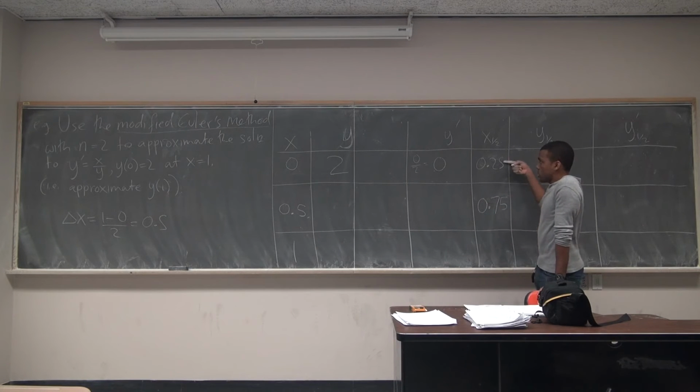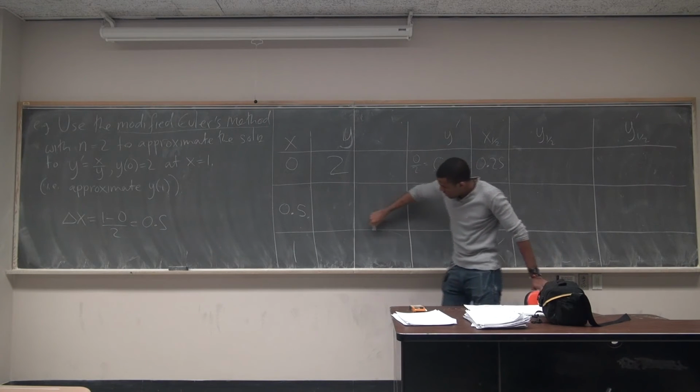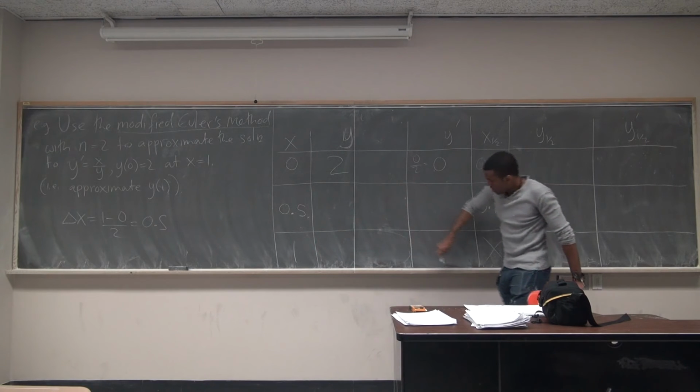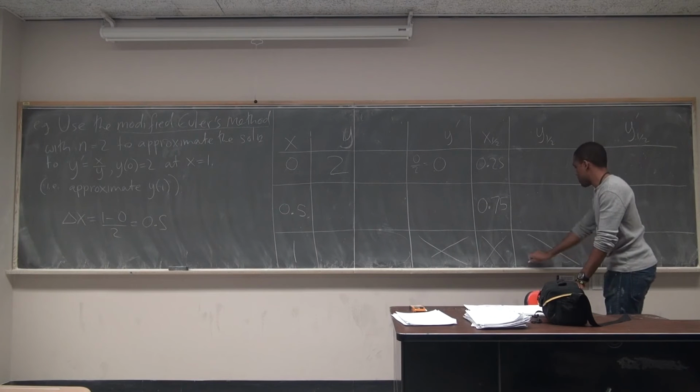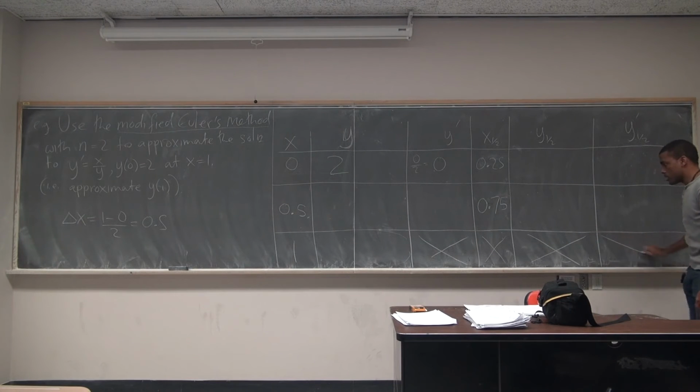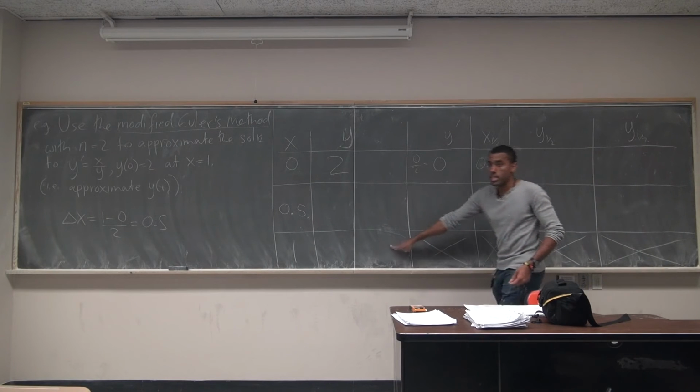So it starts out with a half step, but then it goes by delta x. We're not going to need to know this. Remember, the guy we're after is the guy that's going to end up here. Once we figure that out, we don't need to go any further. I don't really care about these guys, which is why on a quiz I mark these out, because you really don't need to know them.